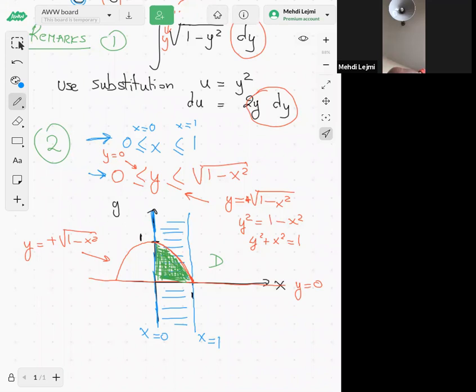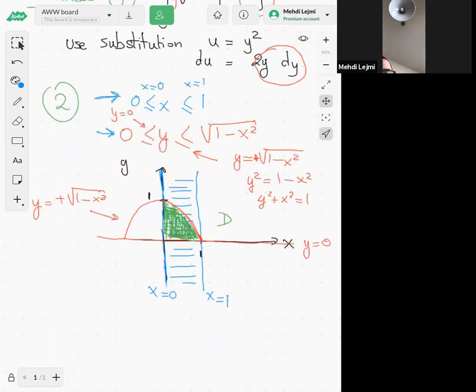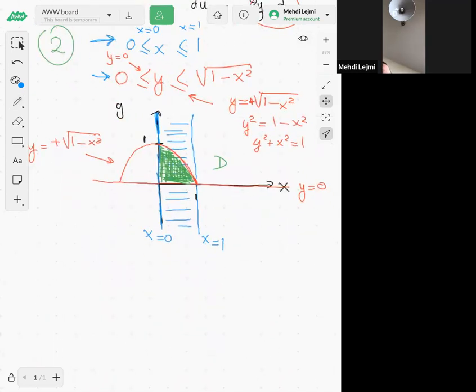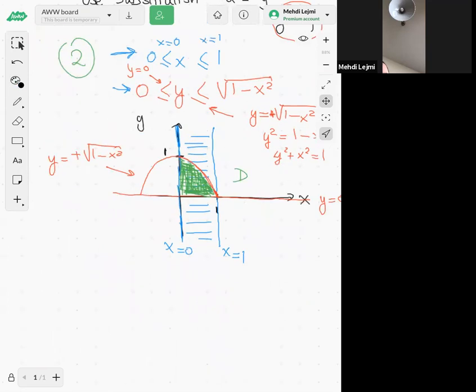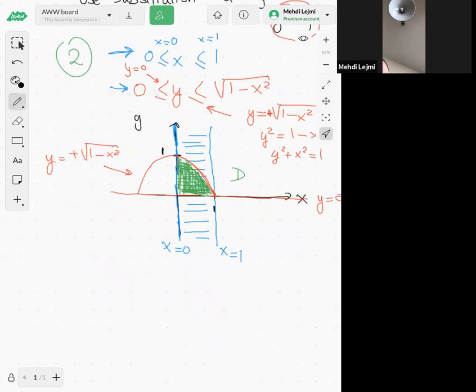Now I'm gonna change the order of integration. So then first my y would be, so again, here's my region D, sorry. So my y would be between, well, I'm going to use a different color. So let's say I'm going to use the yellow.